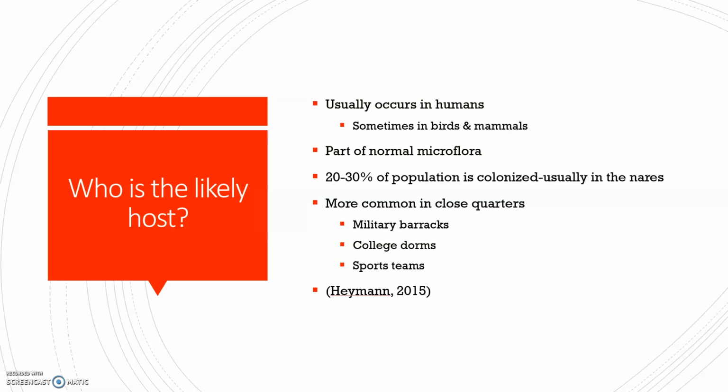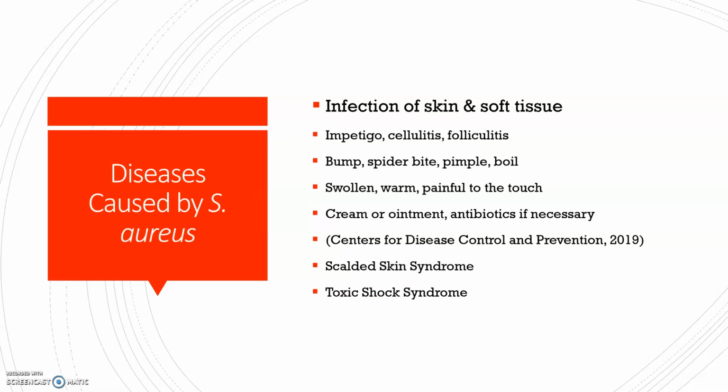And it's really more common in close living conditions, or places like military barracks, college dorms, or sports teams, where you're sharing those close quarters and maybe even sharing personal items.